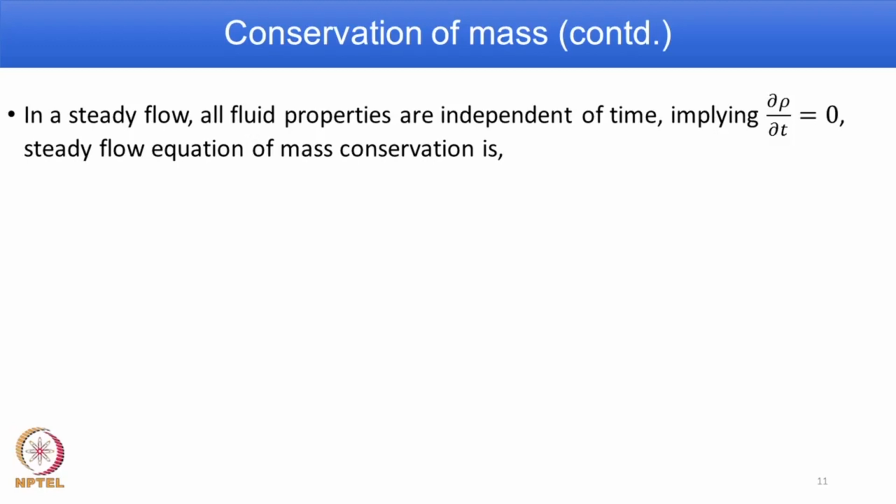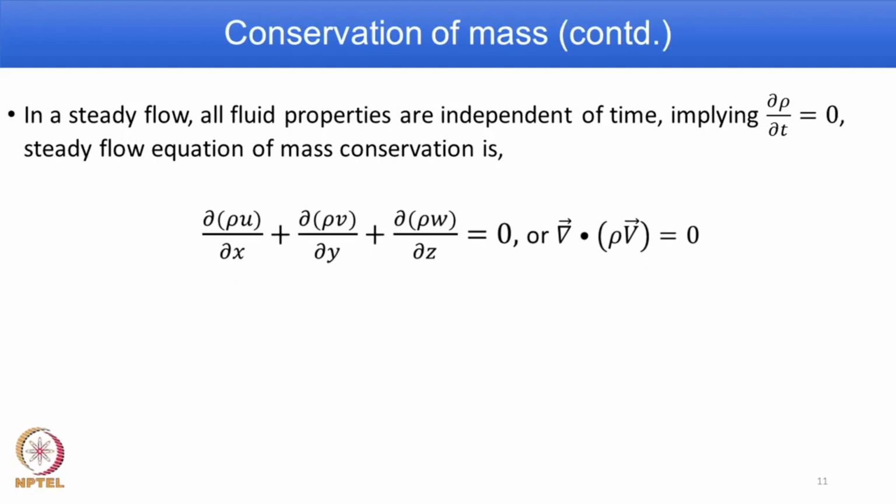So, any term with a time derivative will go to 0. In this case it is dou rho by dou t. So, that first term goes to 0, and the mass conservation equation gets reduced to only the spatial derivative term given here, and in terms of vector, del dot rho v equal to 0.